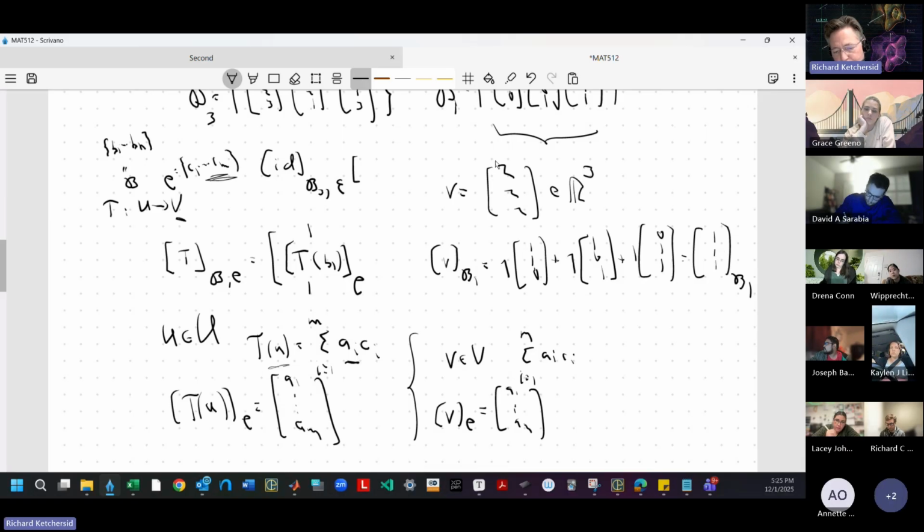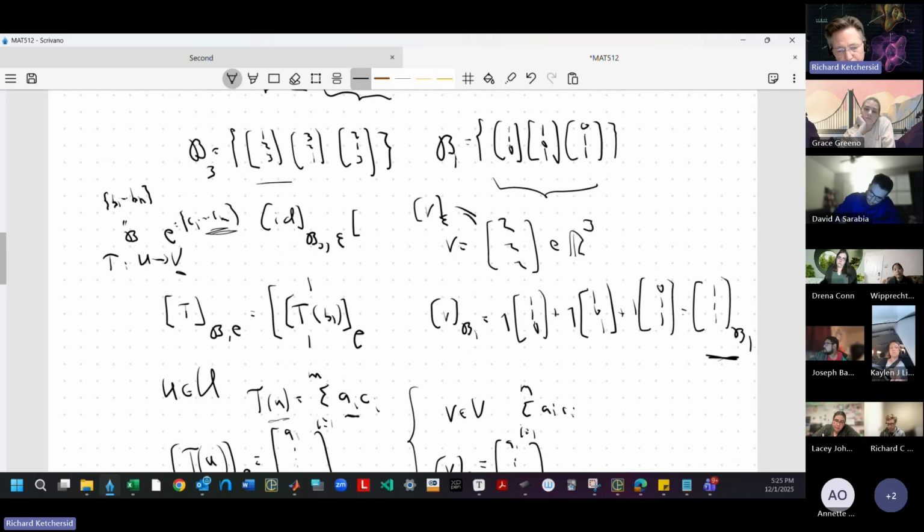We're assuming the standard basis here, so the representation of v with respect to the standard basis is just v again. To find the representation with respect to B3, I would have to do some work to figure out what linear combination of those vectors gave me the vector 2, 2, 2. That's like solving a system of equations.